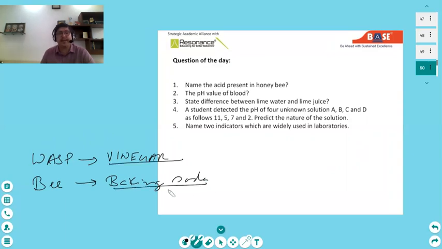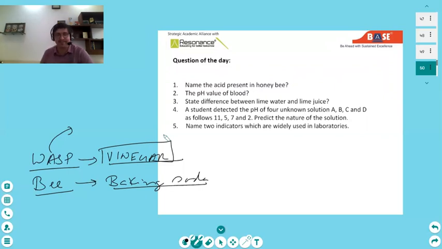Vinegar is acid, baking soda is base, but they both belong to the same family, you can say, basically on the range. Why so? The reason for that, Mr. Wasp, it secretes a basic chemical which goes inside our skin and irritates us.